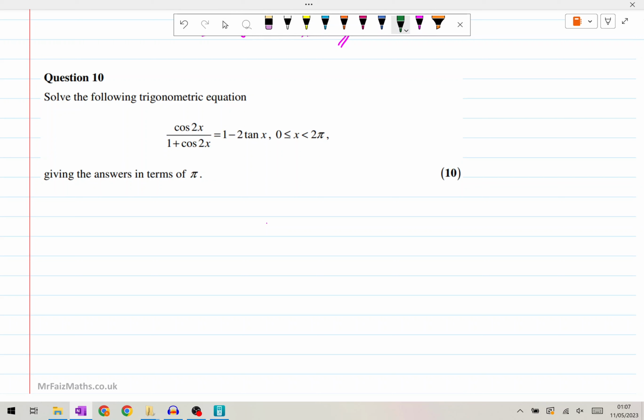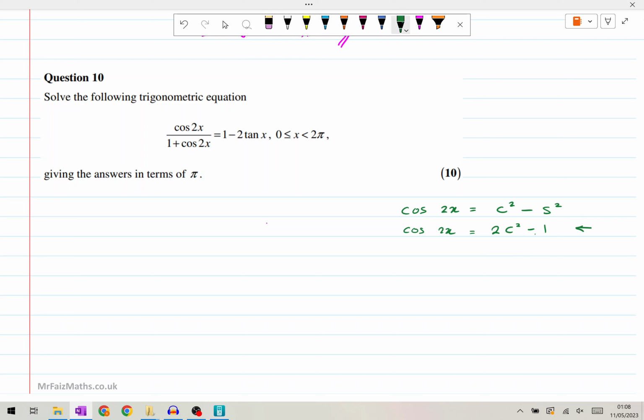So to start with, what we'll do is just write down what cos 2x is equal to. It could be cos squared minus sine squared. We could write it as 2 cos squared minus 1, or in the form 1 minus 2 sine squared. Now, if we look at the denominator here, where we have 1 plus cos 2x, if I use the second form of this identity, I'll get rid of this last one.